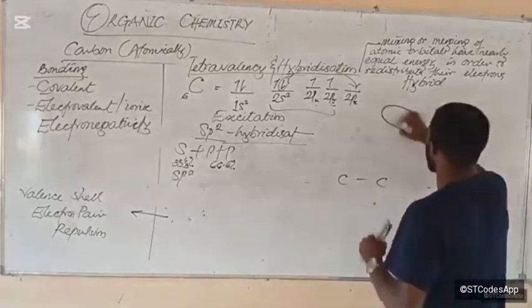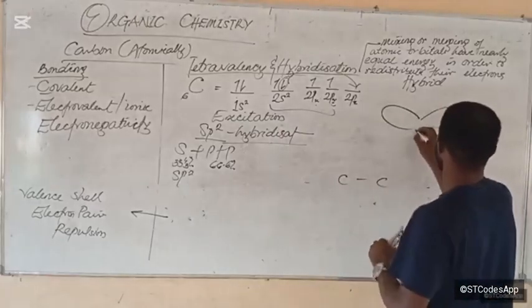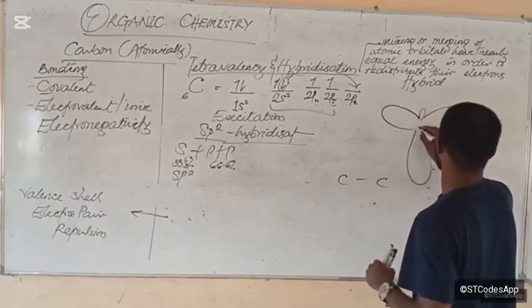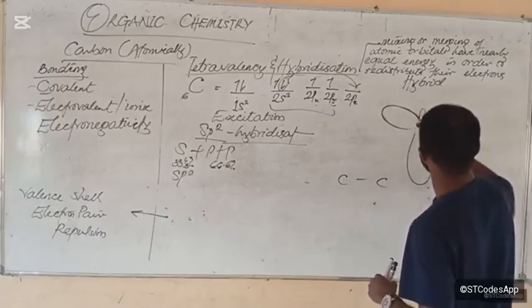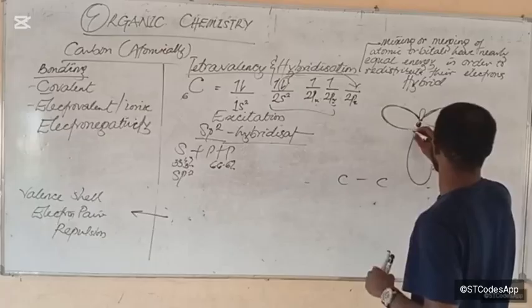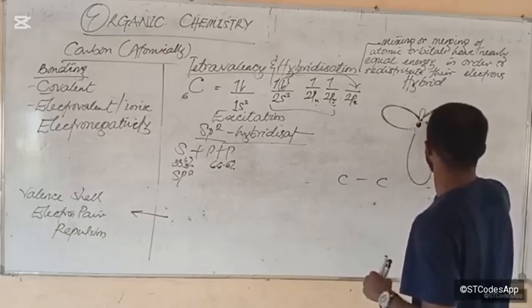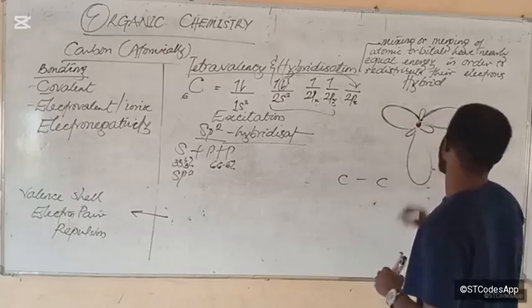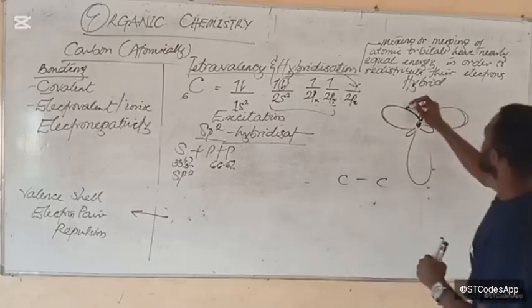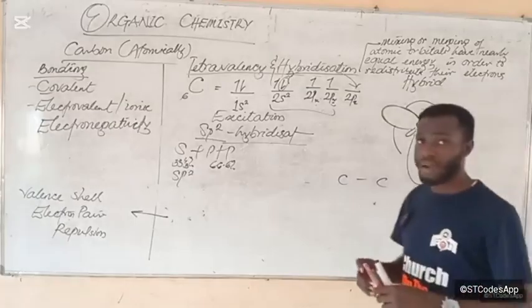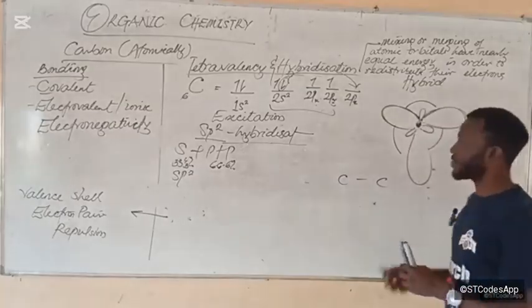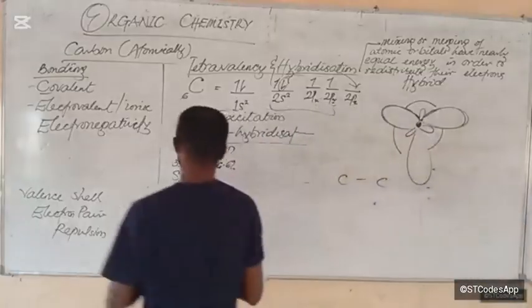So you're going to see what looks like this. If this is the carbon, the nucleus, this one is going to have its own smaller lobe here. Now, this is what I wanted to also explain.